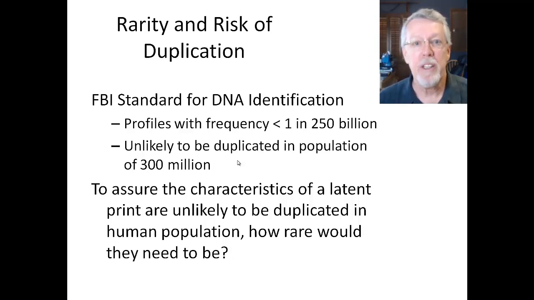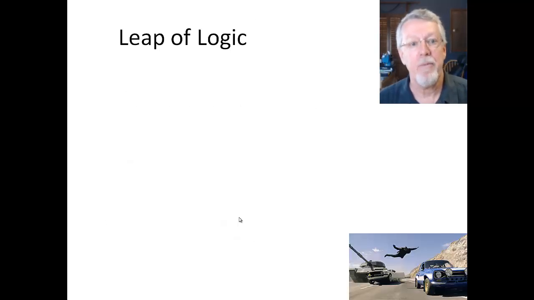And so presumably what the examiner is saying is that they can determine that the characteristics observed in two prints that they're comparing occur at a frequency well under 1 in 70 billion. And they can do this without an empirical database, just based upon an educated guess or subjective judgment. Now, understandably, there is some skepticism about such claims among the academic community, although many practitioners continue to make those claims.